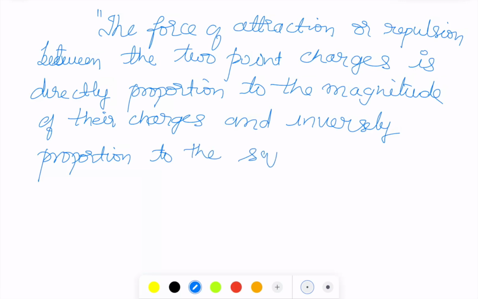That's why this law is also called the inverse square law.